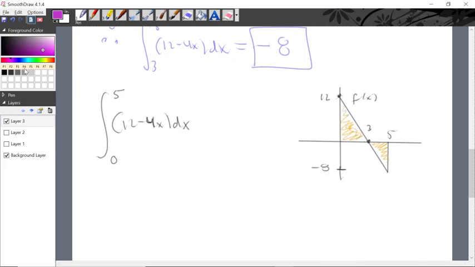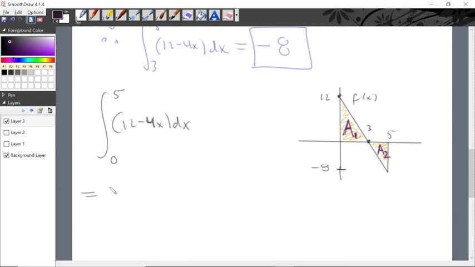Now let's say I call this area up here A1, and this one I'm going to call A2.